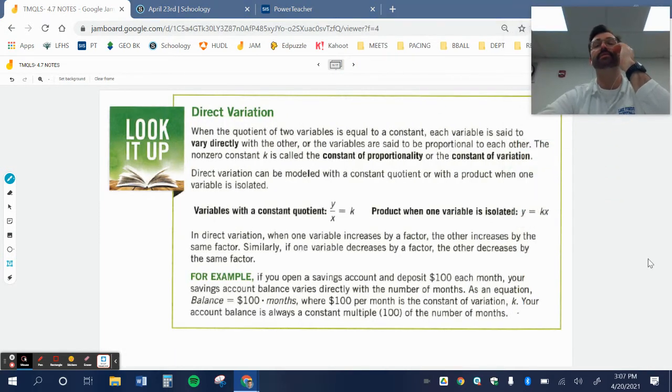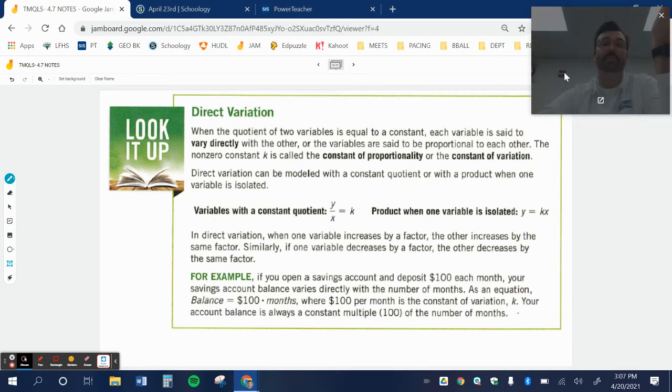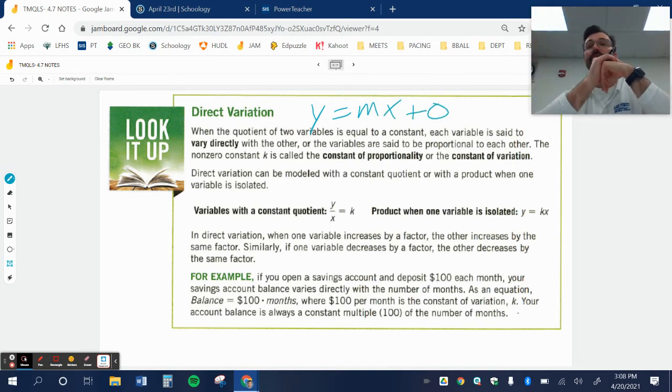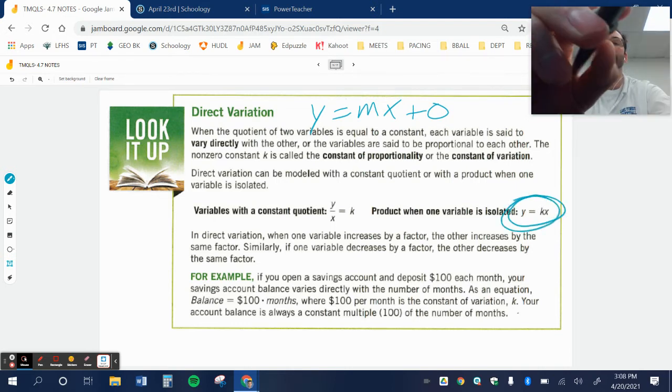Direct variation, to me, is very similar to y equals mx plus b, except it's y equals mx plus 0. B is always 0. The y-intercept is always going to be 0 when we're talking about direct variation. When we talk about direct variation, we always want to find our constant.